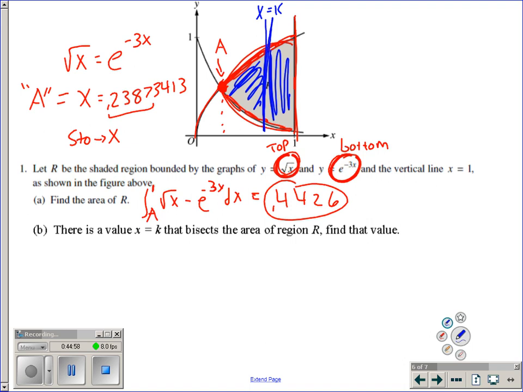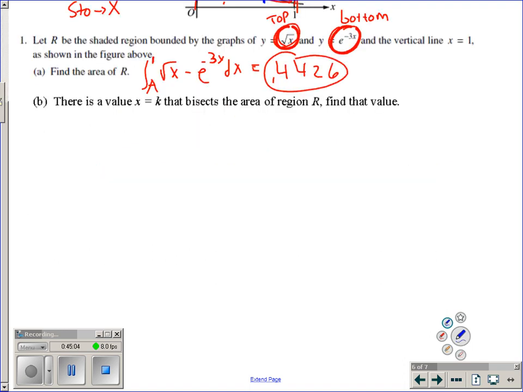So basically, all I have to do, and this isn't too bad at all, is set up another integral that's going to solve for that. If it bisects it, it means it's going to be equal to half the area. Well, what is this area divided by 2? That's what, 0.2213? Okay, so I'm trying to set up an integral that's going to equal that, that has k in it, that I can solve for.